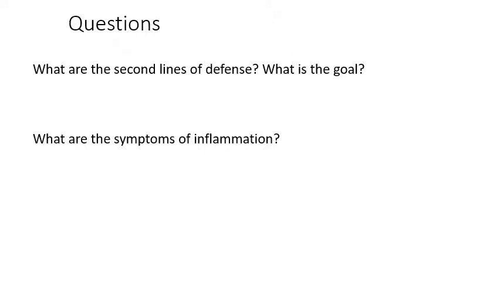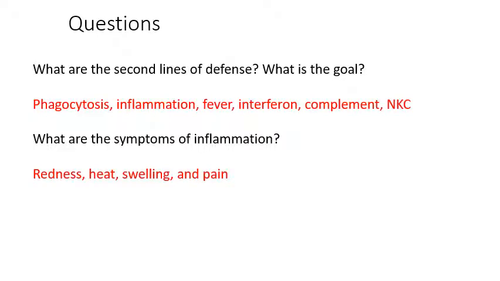All right, so quick questions. What are your second lines of defense and what's the goal of those? And then what are the symptoms of inflammation? Your second lines of defense, the six things that we consider to be internal innate immunity, are phagocytosis, inflammation, fever, production of interferon, the complement system, and natural killer cells.